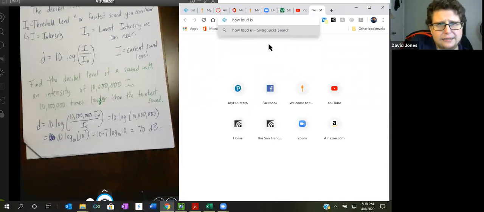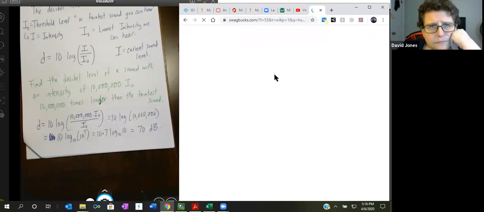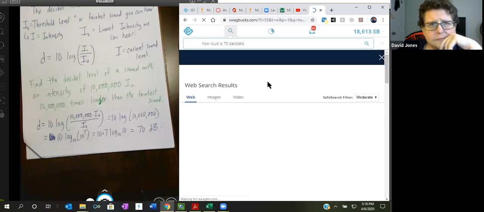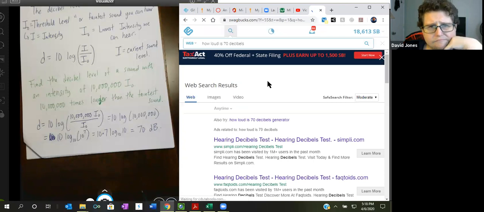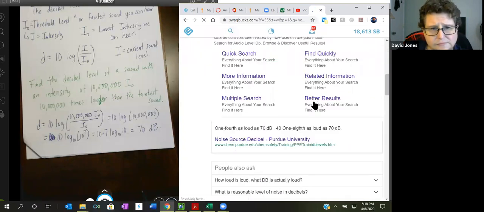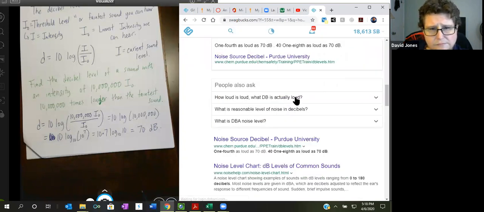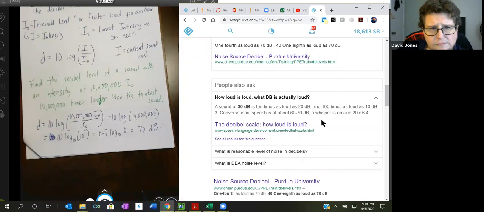How loud is 70 decibels? Conversational speech is about 60 to 70 decibels.